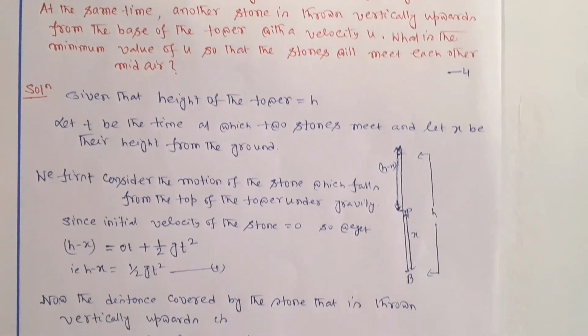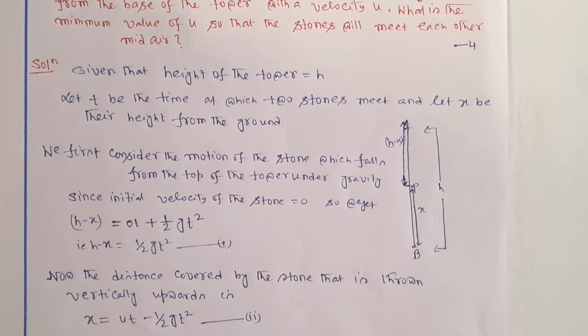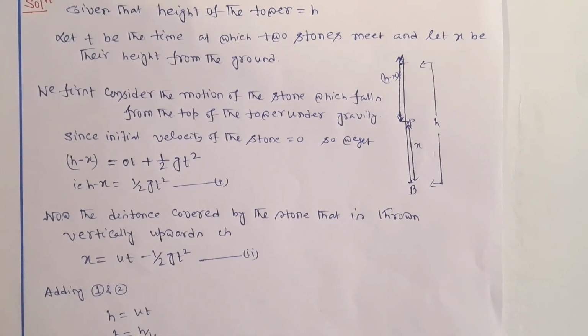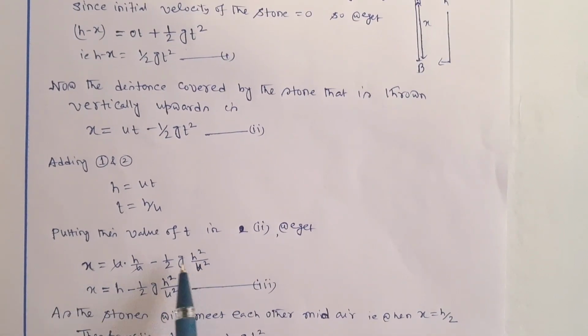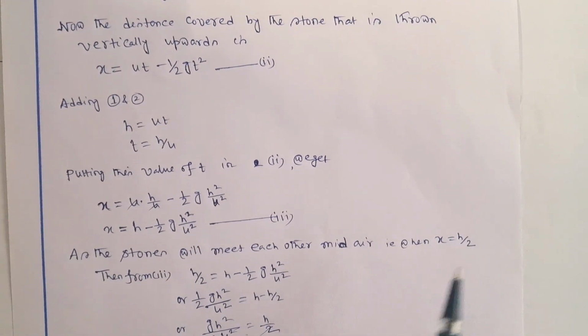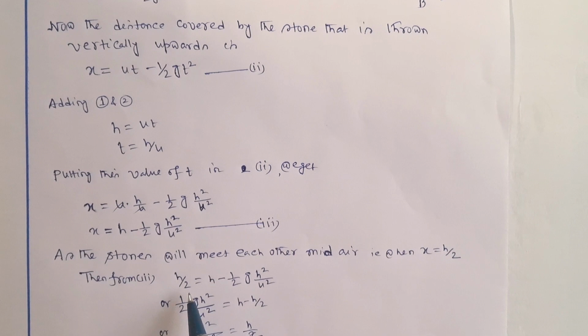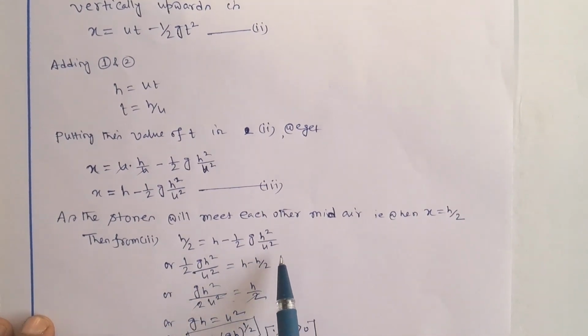Adding 1 and 2 we get h equals ut, so t equals h/u. Putting the value of t in 2 we get x equals h minus half g h square by u square.